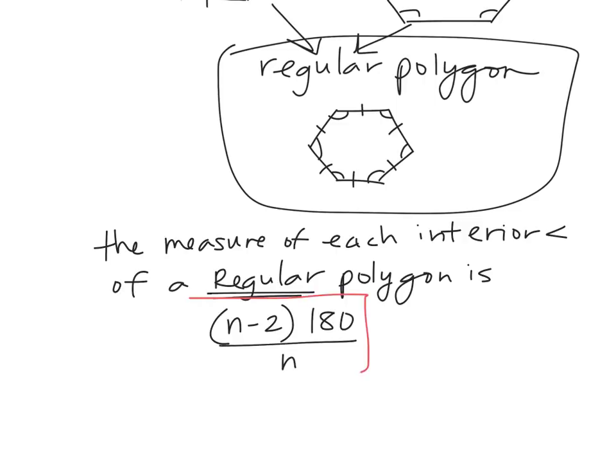Okay, so this is only if it's regular and you're looking for one angle, right? The earlier one, n minus 2 times 180, we were looking for the sum. We were trying to add them all together. So if it's sum, don't divide. If it's 1 and it's a regular polygon, you'll divide.